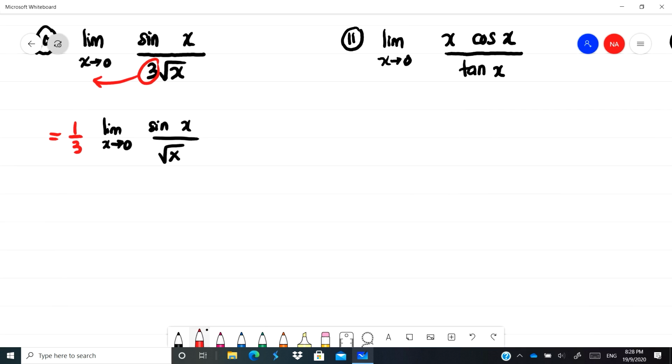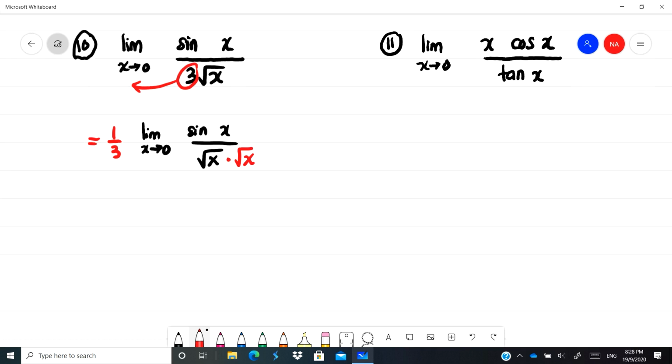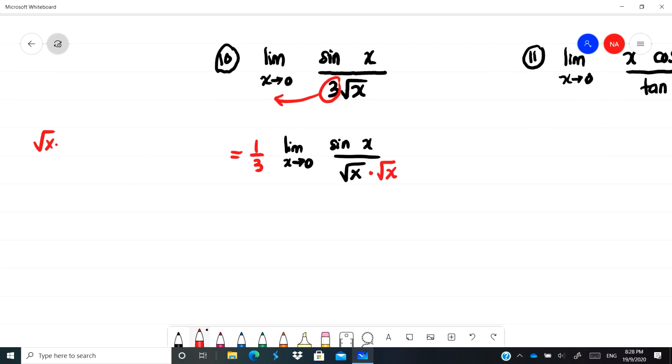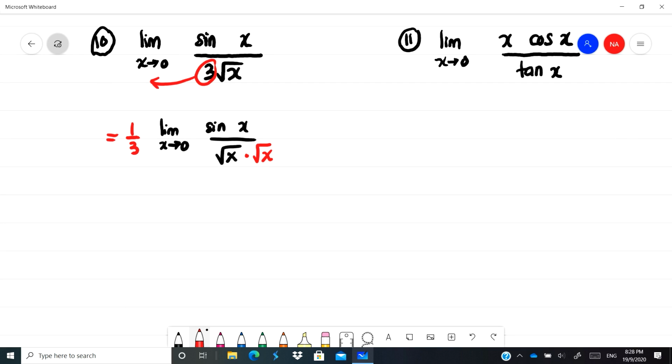So now, what we can do is to cancel that square root, you have to multiply with the square root. You multiply this one with square root, because square root x multiplied by square root x will be square root x squared, and square root x squared will be x. So the square root is no more there. But you cannot simply multiply that square root x there.